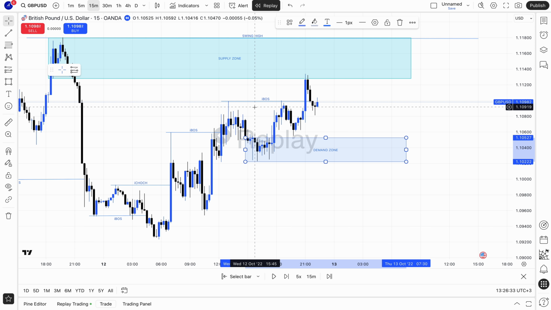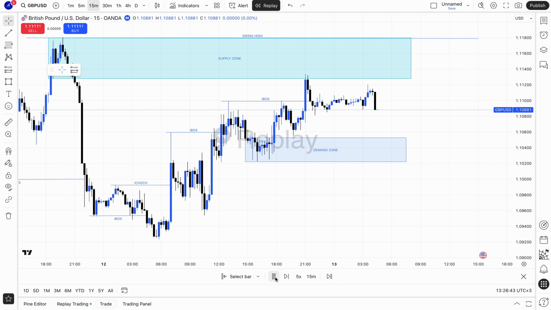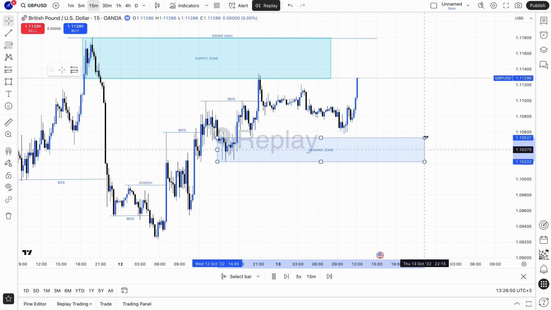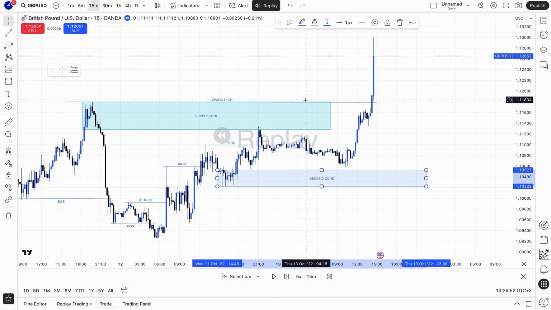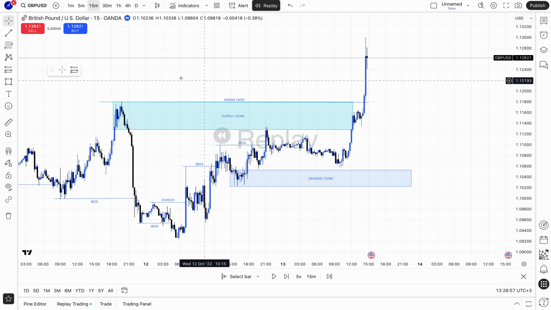Our demand zone just here. We need to see the internal structure shifting bullish, but it didn't happen. Then had our continuation.